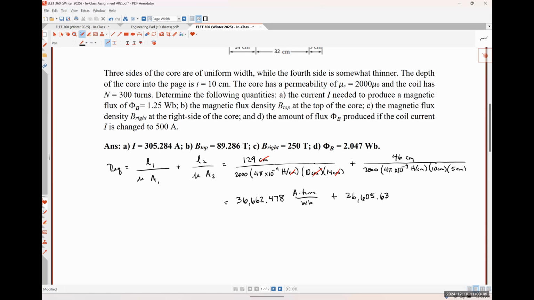So let's call this 637, and it'll have the exact same units. So once again, amp turns per Weber. So I want you guys to notice that the right-hand leg has almost the same reluctance as the rest of the magnetic circuit, and it's because its cross-sectional area is so much smaller, right? So if we restrict the flux to flow in a smaller area, we see higher values for reluctance.